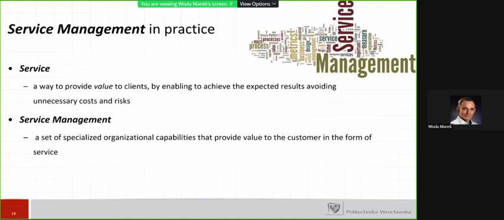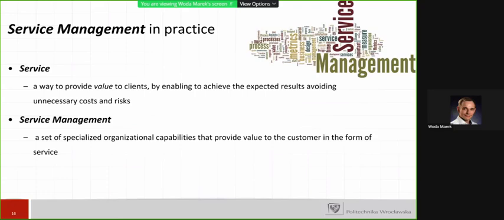Most companies, whether they are manufacturing anything or doing a different kind of service business, are providing services. The definition clearly states, and this is a formalized way, that a service is how we provide value to our clients.